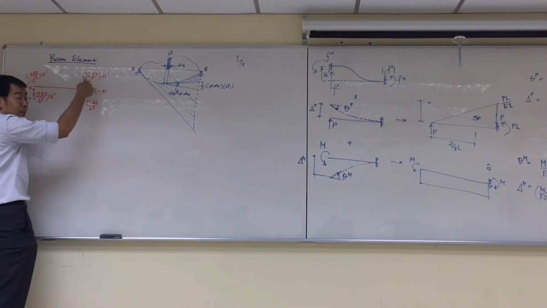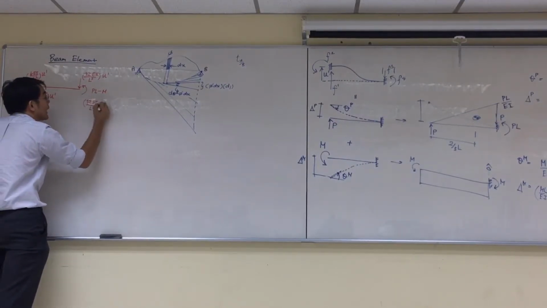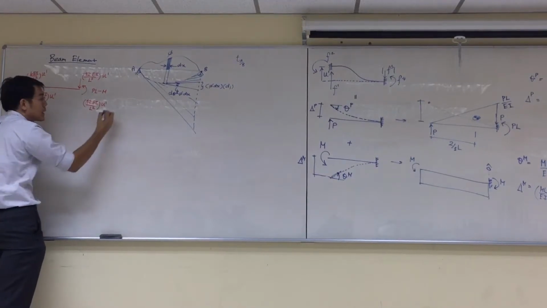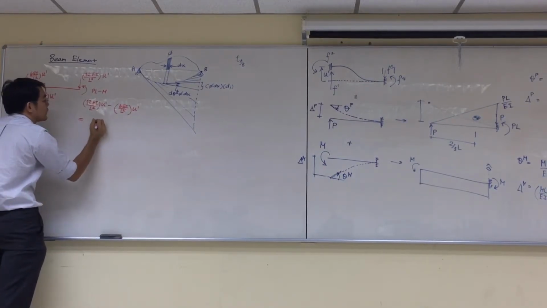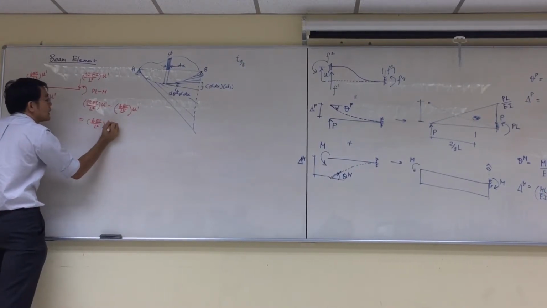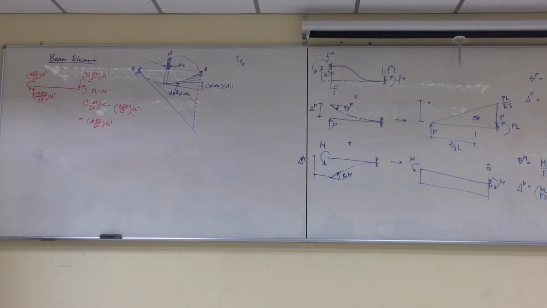This is L cubed for P, okay? Multiplied by U1 minus your M, which is 6 EI over L squared multiplied by U1. You end up with the 6 EI over L squared multiplied by U1. Okay? So which is just 6 EI over L squared.